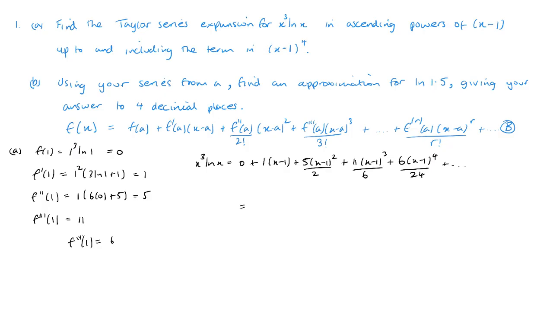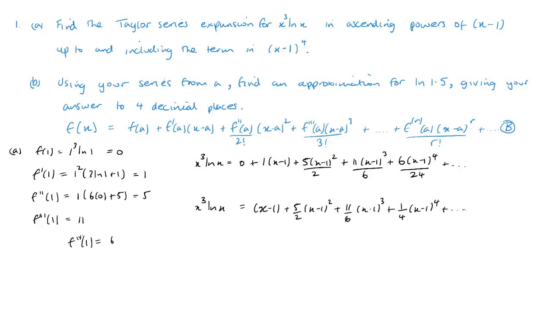So that means x cubed ln x is x minus 1 plus 5 over 2 (x minus 1) squared plus 11 over 6 (x minus 1) cubed plus 1 over 4 (x minus 1) to the power 4. And there we have part A complete.